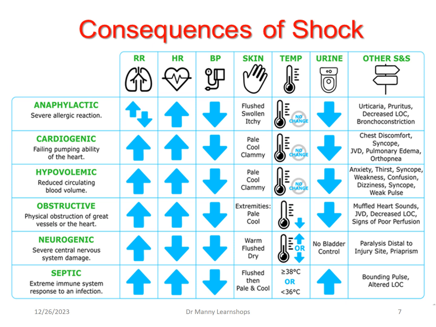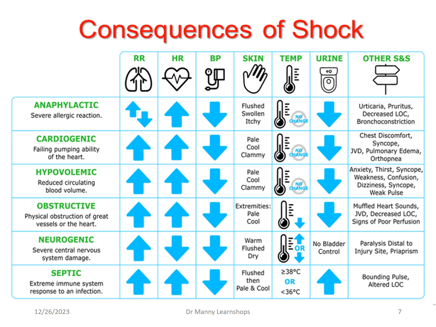What are the consequences of shock? Well, again, we'll briefly review these. If we're talking about anaphylactic, related to allergic reactions, all your vital signs go up. But again, in anaphylactic, the blood pressure will be down. And with an anaphylactic or an allergic reaction, you typically get flushed, swollen, itchy skin, and with breathing, bronchospasm.